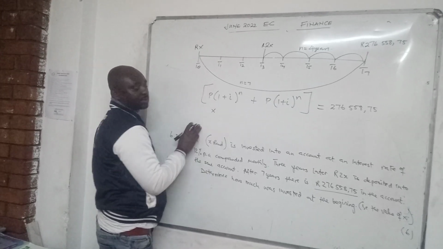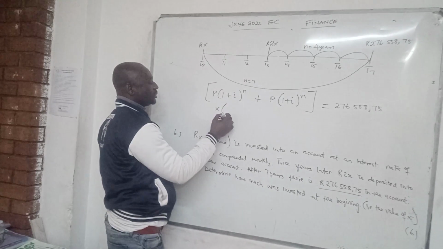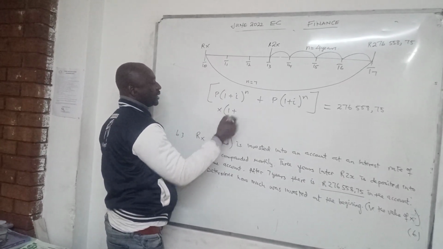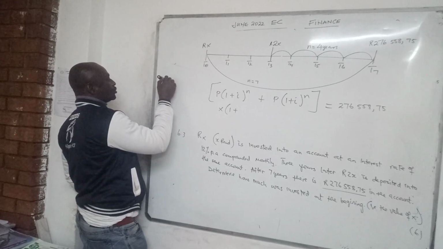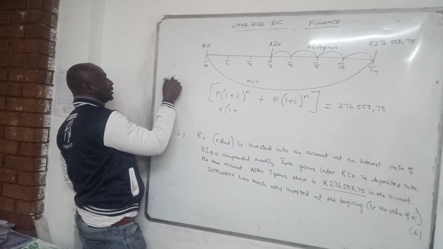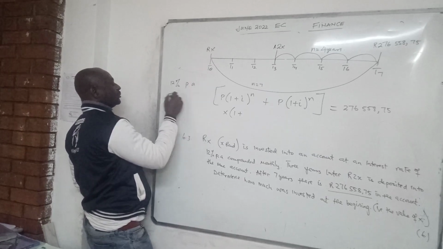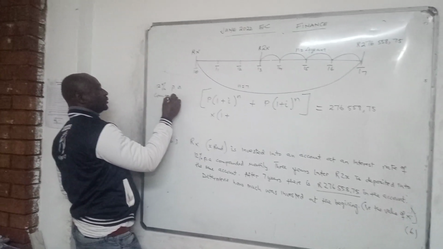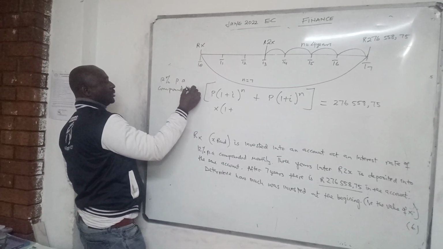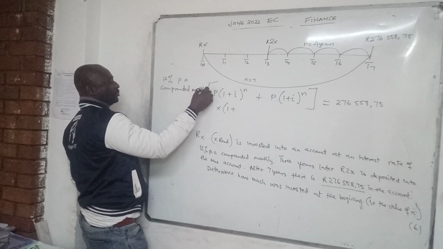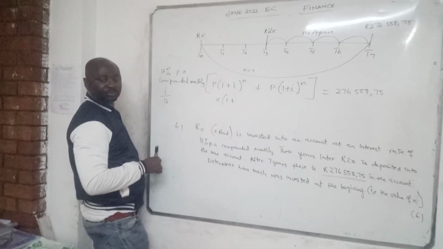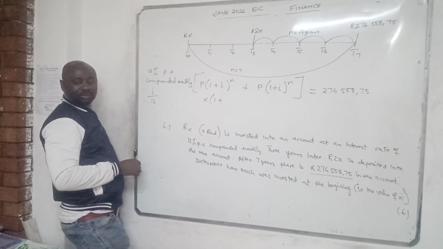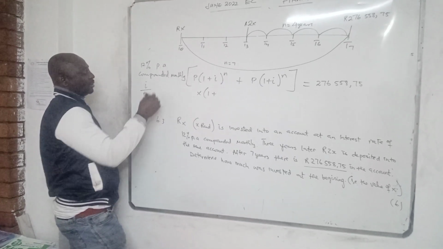Now I need to know what my principal amount was for the initial investment. It was X rand times (1 + i). How much percentage interest? They said it's 12% per annum compounded monthly. So if you compound monthly, then i must be divided by 12 after it has been changed to a decimal.